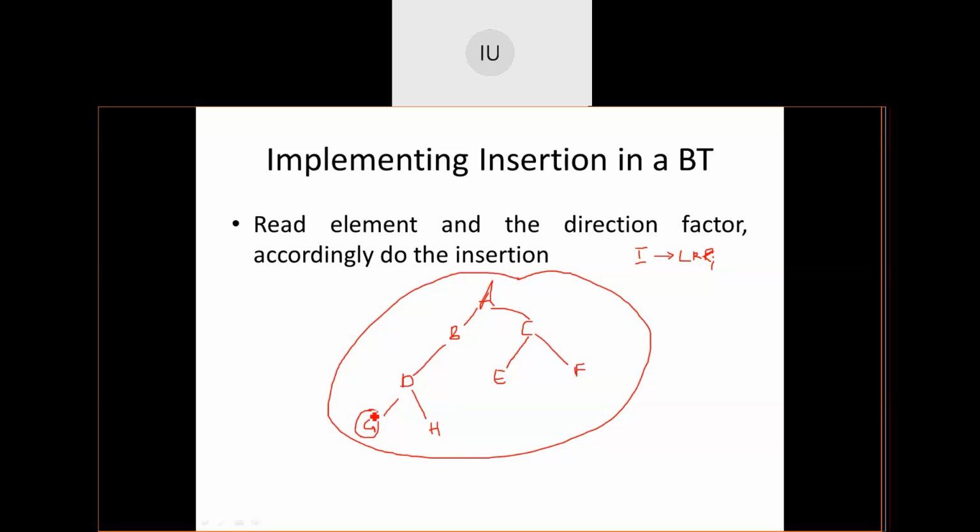Which is the leftmost node of the whole tree? G is the leftmost. So it starts from G, then its root. Who is the root node? D. So which is first to be displayed? G is the first to be displayed. Then D is the next to be displayed. Then it goes to the right. What is right of D? H.